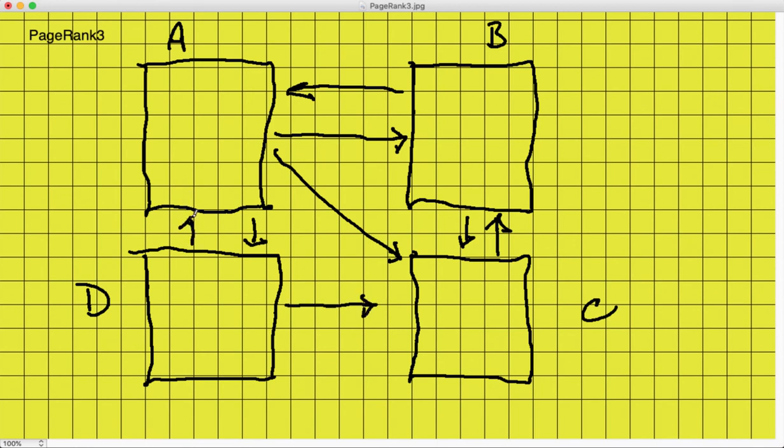So the first thing to say is that in the PageRank system, if you're a document and nobody links to you, you don't get any votes, which is another way of saying that if somebody searches, it's very unlikely that that document's going to come up. On the other hand, if there are a lot of links pointing to a particular document, that's going to be good.